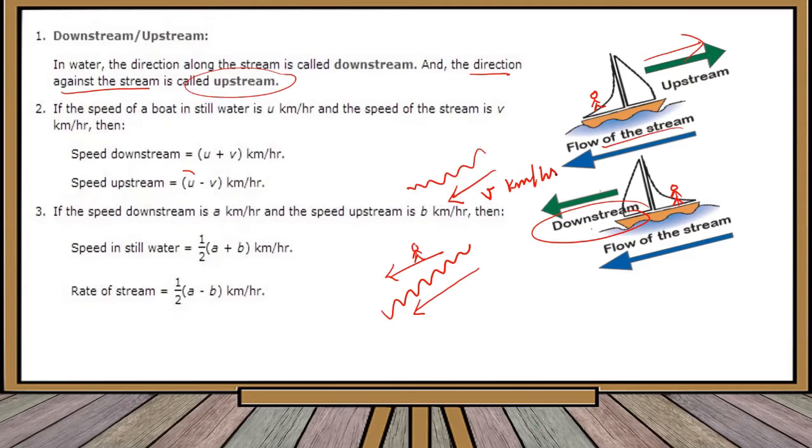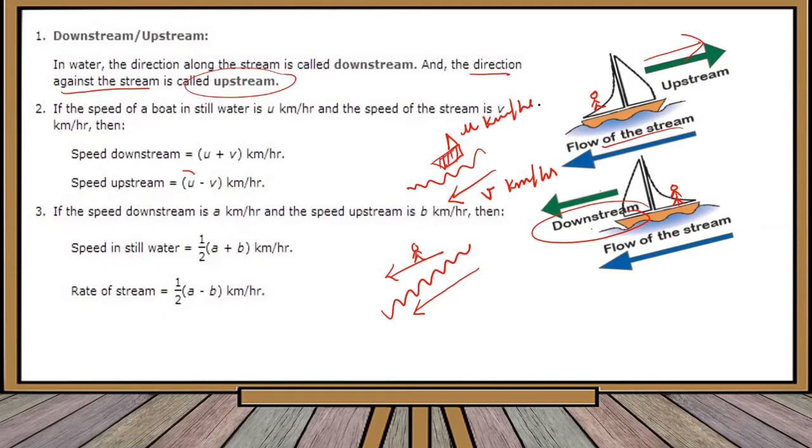Now when you go in a boat and the water is still, that means the water is not moving, the boat will have some velocity, right? So now let u be the velocity of the boat. For example, this is your boat. Let u be the velocity of the boat in still water, u kilometers per hour.